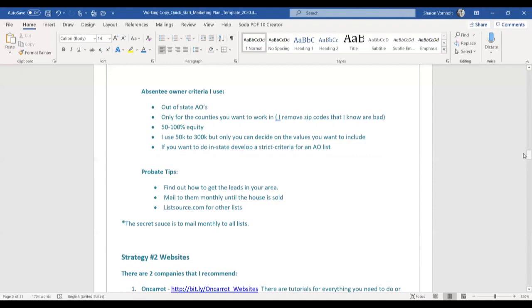And I would always put a filter in looking for property with 50 to 100% equity. The reason is, even if you're starting with a 70% formula, by the time you back out repairs and, if you're a wholesaler, your fee, you are always going to be lower than 50%. So that is my starting point, 50 to 100% equity.